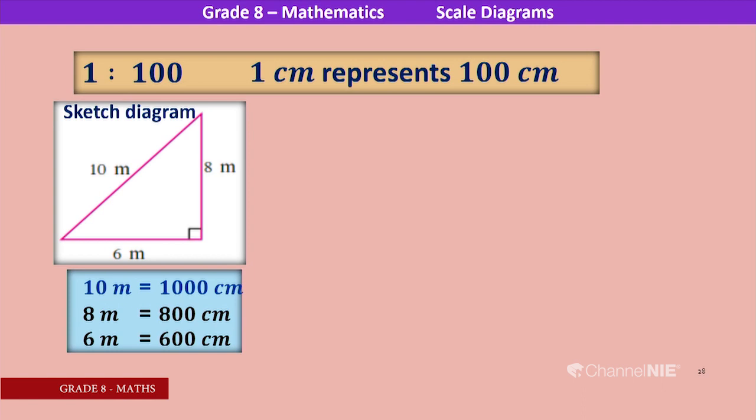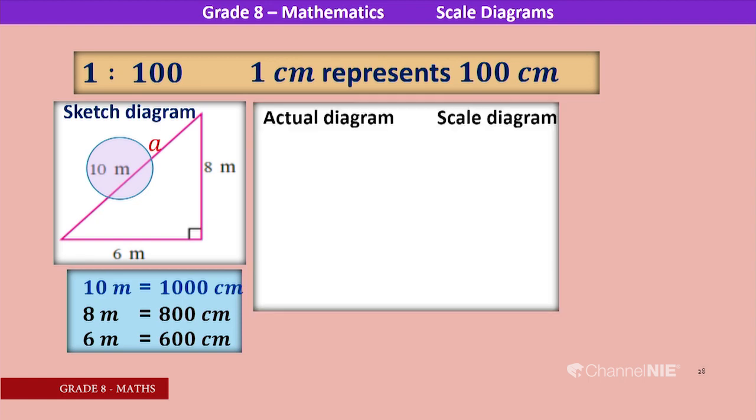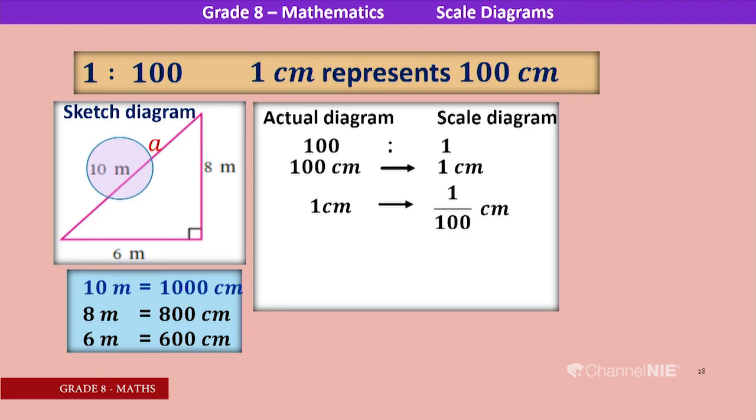Using the sketch, we are going to draw the scale diagram. Suppose that is A. Actual diagram 100, scale 1. 100 centimeter, 1 centimeter. 1 centimeter, 1 over 100 centimeter.